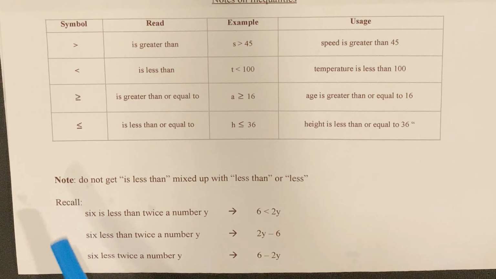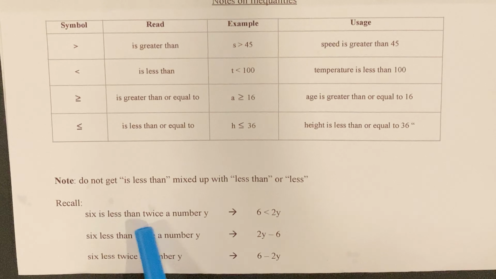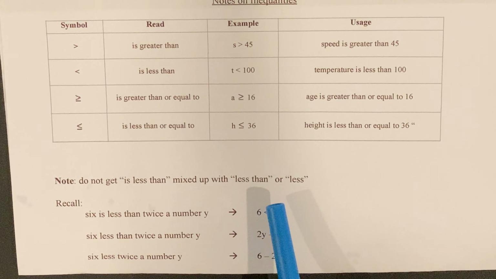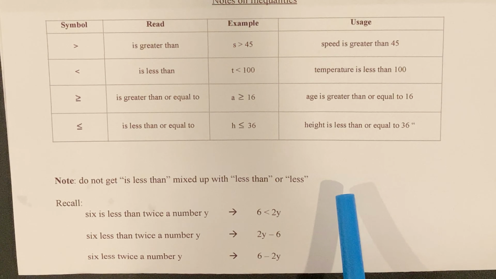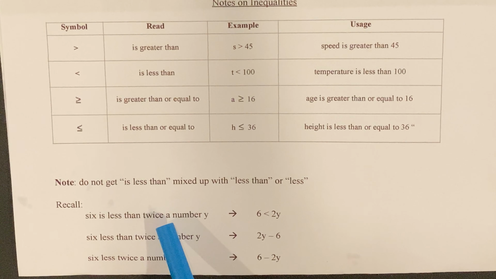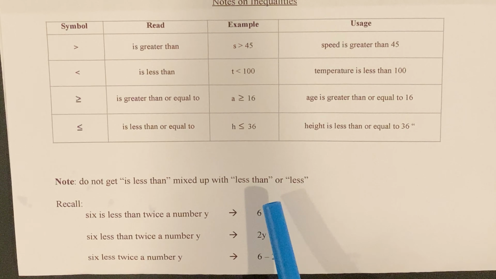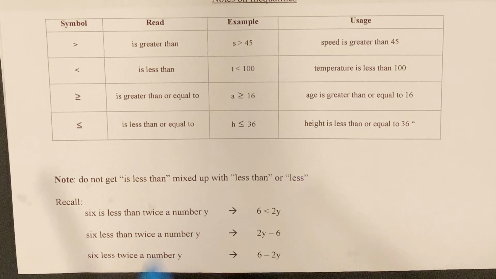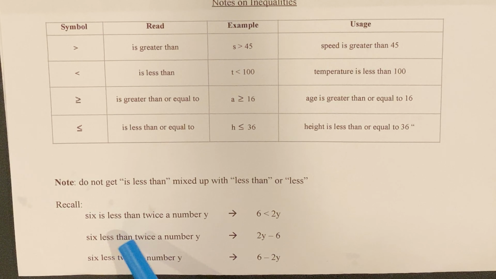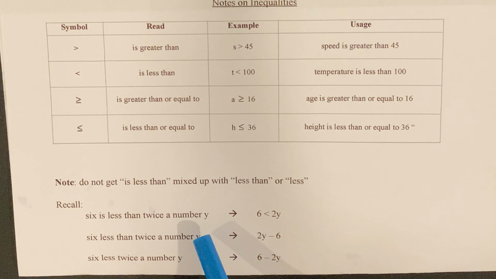So I wanted to make a note that I don't want you to get "is less than" mixed up with "less than" or "less." "Less than" is when we're talking about subtracting, okay? "Is less than" is when we're talking about an inequality. So 6 less than twice a number y.